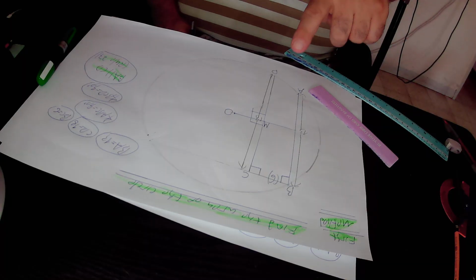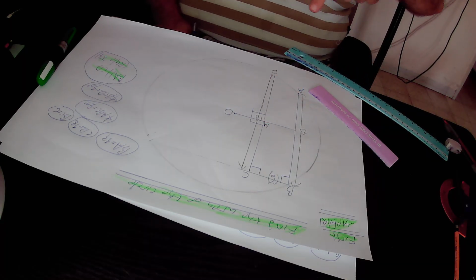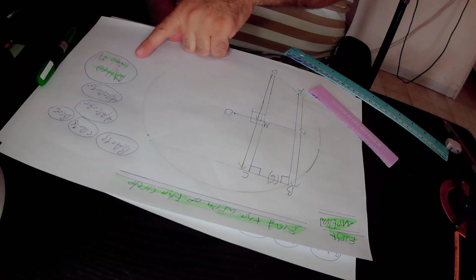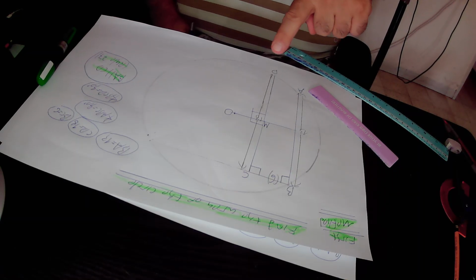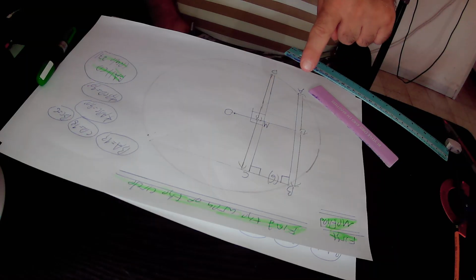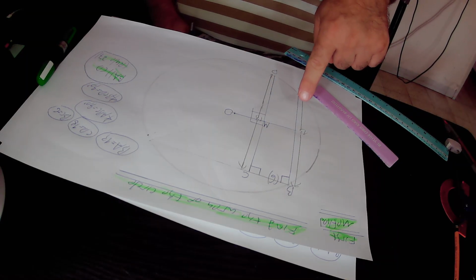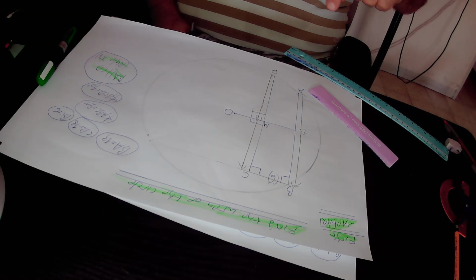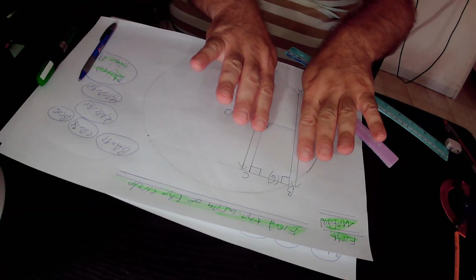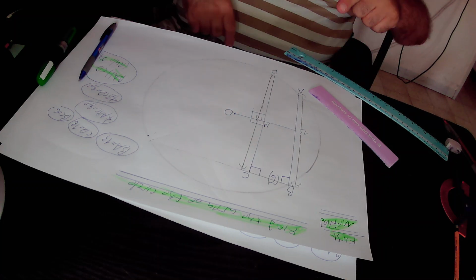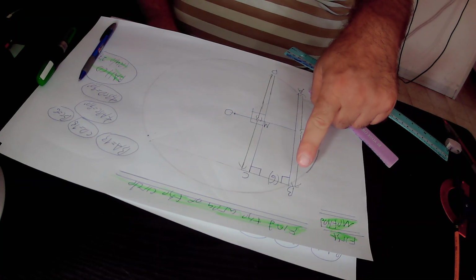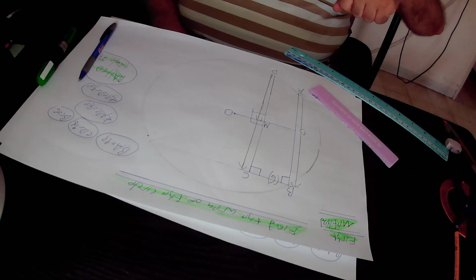Because CD is parallel to BA according to rule 27, the perpendicular to CD will also be perpendicular to BA.